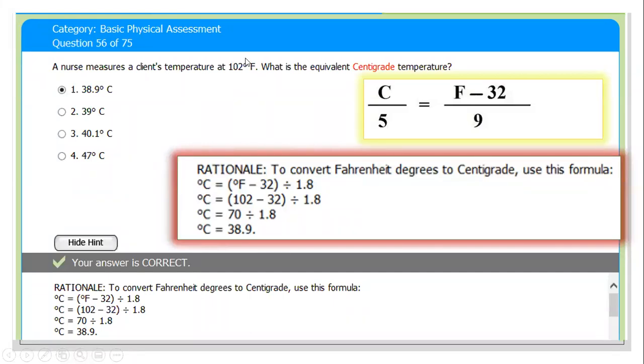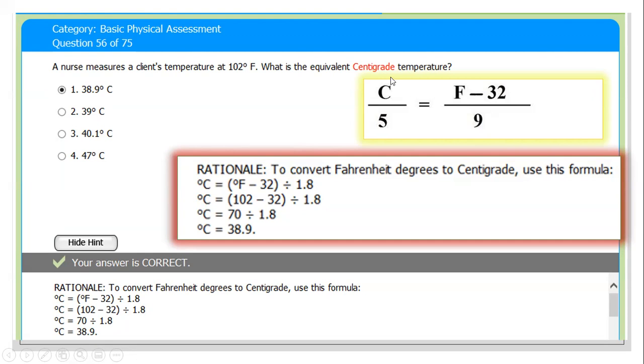Imagine the examiner gave you a Celsius or centigrade temperature, and you have to convert it to Fahrenheit. As noted, to solve this type of calculation, you use this formula: Celsius temperature over 5 equals Fahrenheit temperature minus 32 over 9.